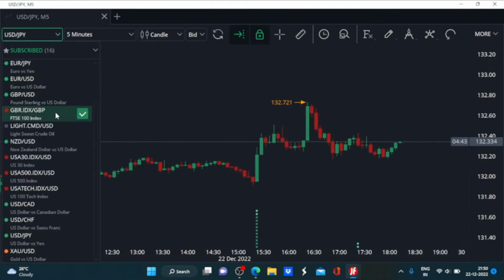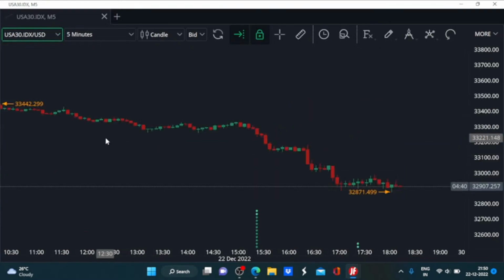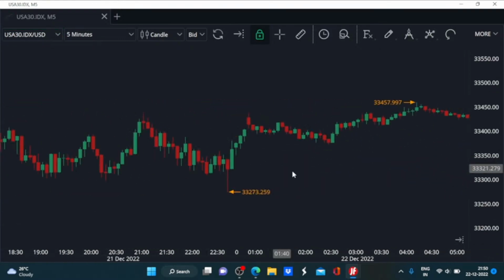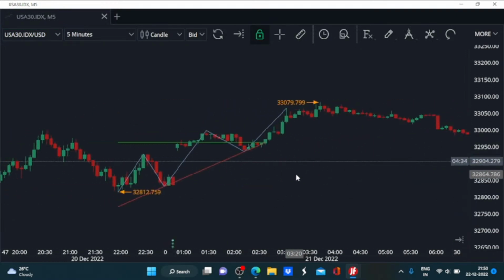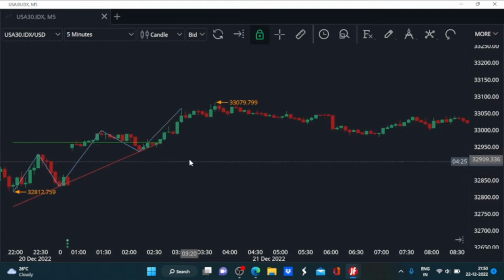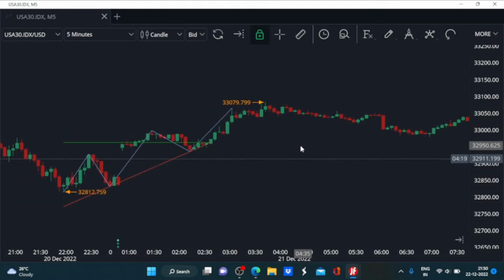Now let's consider some more examples. In Dow Jones Industrial Average also, I had spotted a couple of formations back in time. So here we had this formation with the ascending triangle, swing highs, and here we would have needed a breakout above this prior swing high.